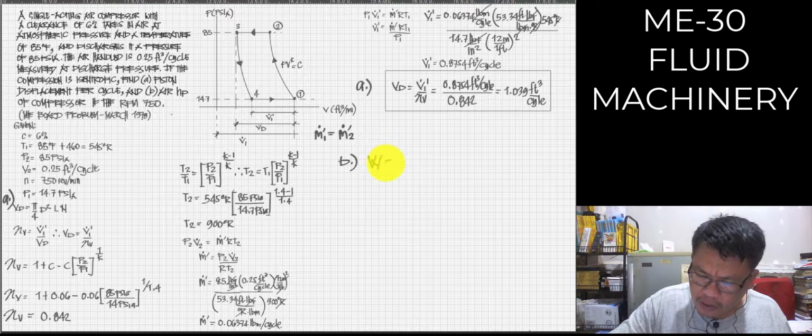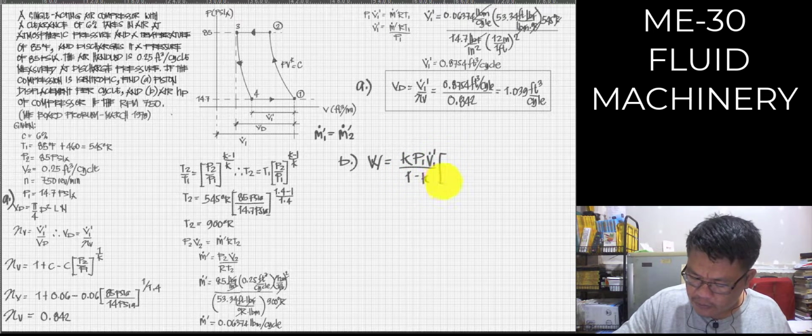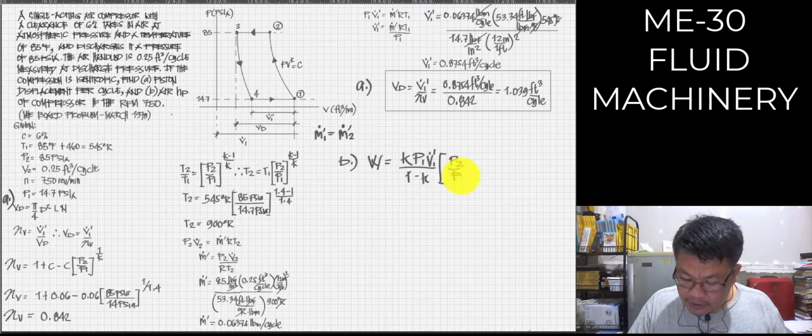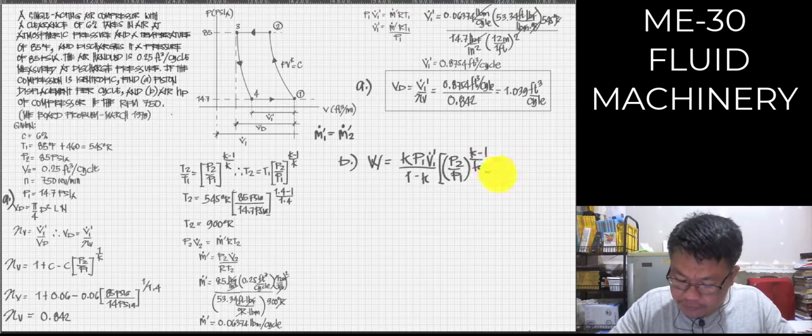The power for the isentropic compressor will be K times P1 times V1 prime divided by 1 minus K, multiplied by the quantity P2 over P1 raised to K minus 1 over K, minus 1.